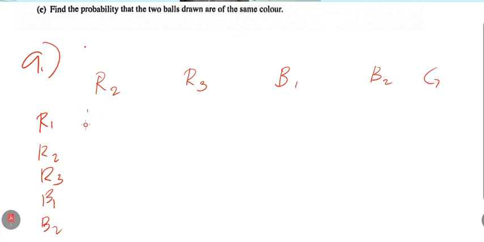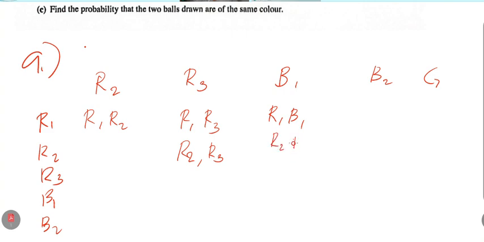So let's go here. We have R1 and R2, R1 and R3, then R2 and R3. Now moving on, we have R1, B1, R2, B1, R3, B1.